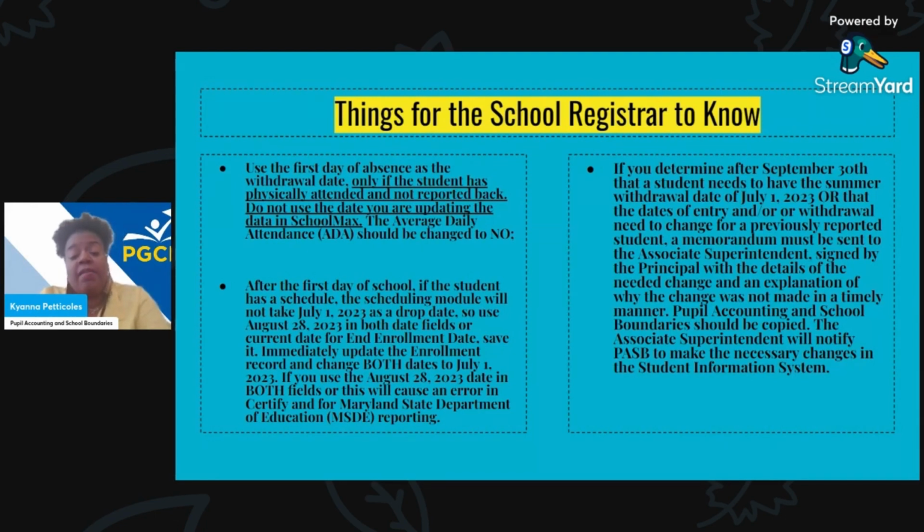If you find after September 30th that has occurred, we do have a process in place where school principals would have to sign a memorandum and send that to their area office and CC our office so that we can make the appropriate adjustments. One, in School Max, and two, make sure we have that data collected should that student be audited through the Maryland State Department of Education.